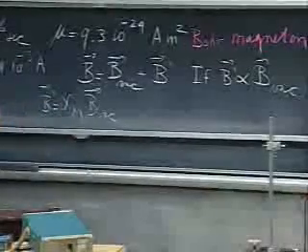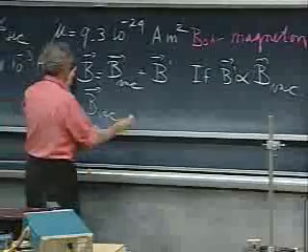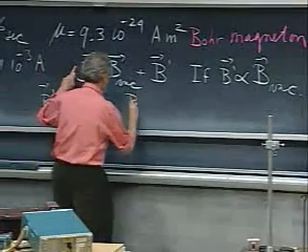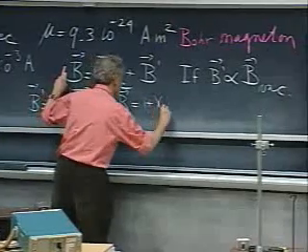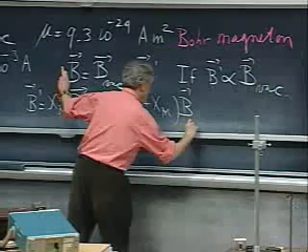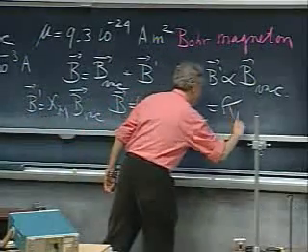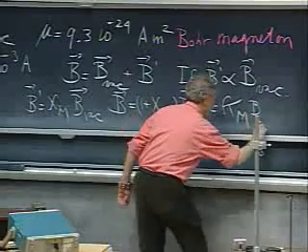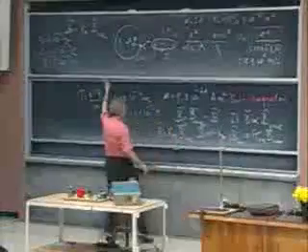It's a linear proportionality constant. If I can do that, then of course B is also proportional to B vacuum, because now I can write down that B is 1 plus chi m times B vacuum. And for that we write kappa m times B vacuum, which is the equation that I started out with today.